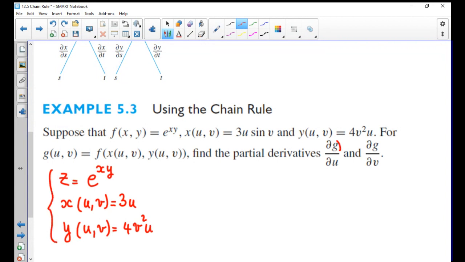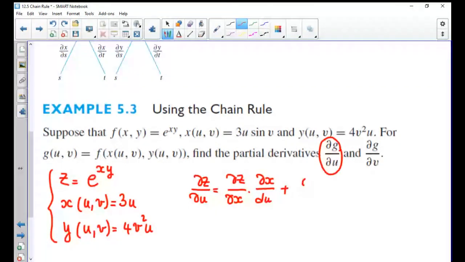And I want to find now what is dz over du. So what we're going to say is that it's dz over dx multiplied by dx over du plus dz over dy multiplied by dy over du.